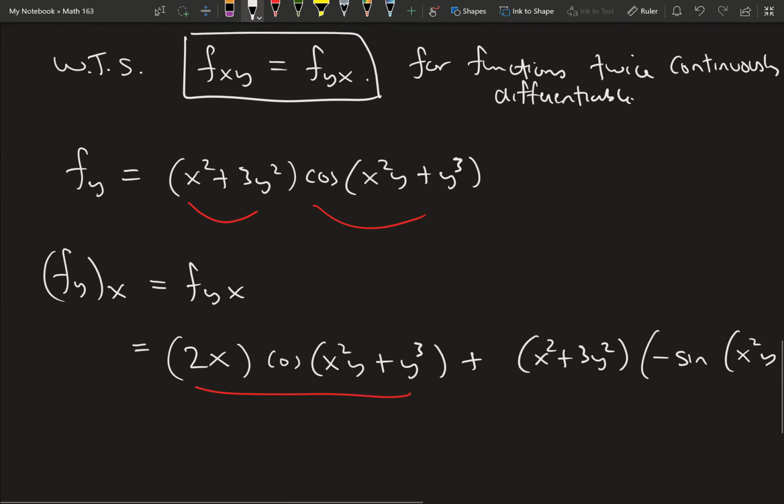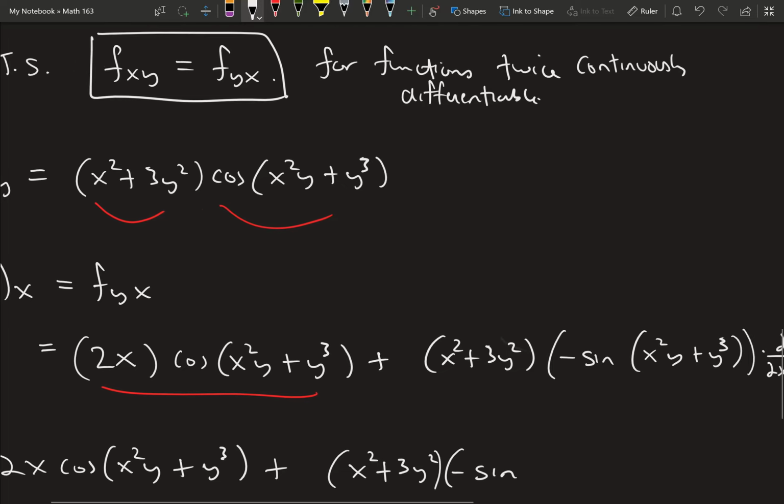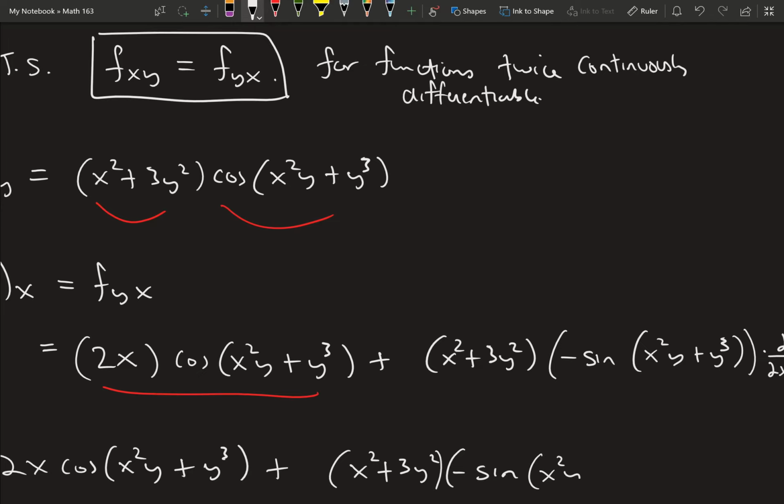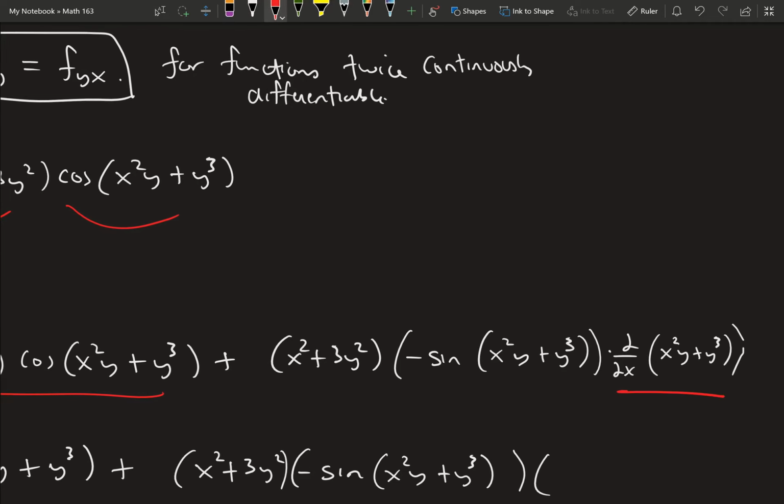And so what you end up with is 2x cosine of x squared y plus y cubed, and then here plus, and I'm going to leave this in the same form just so we can see that it's exactly the same as the other derivative, negative sine of x squared y plus y cubed, and then times the derivative here with respect to x, we just get 2xy.